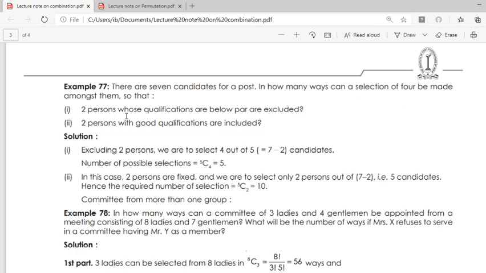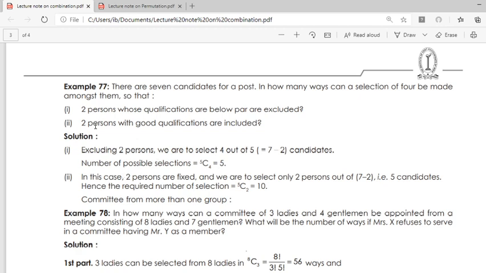If you exclude the 2 below the qualification, out of 7 you are left with 5. So you are going to make a selection of 4 out of 5, that is 5 combination 4. That's how you got this.